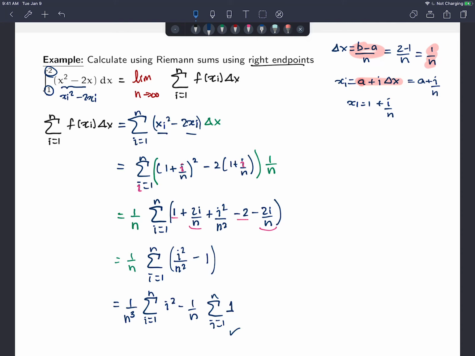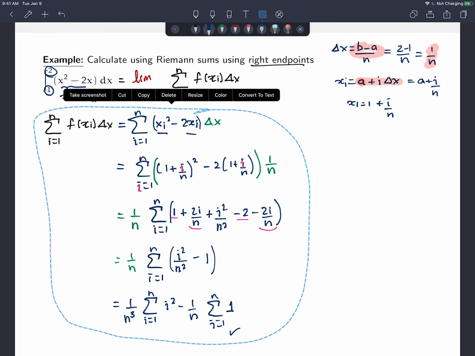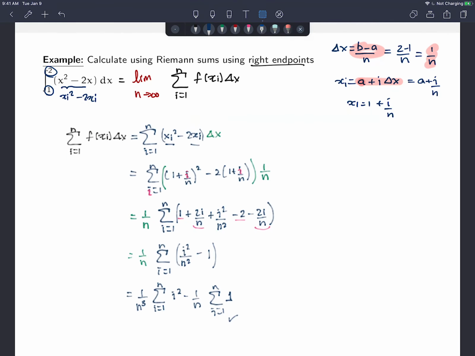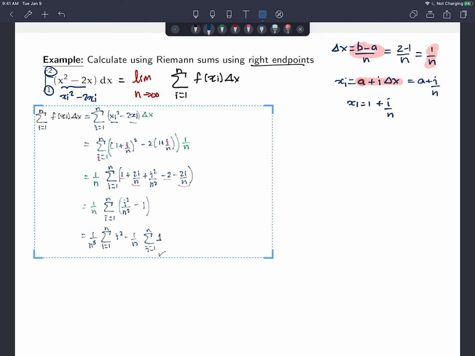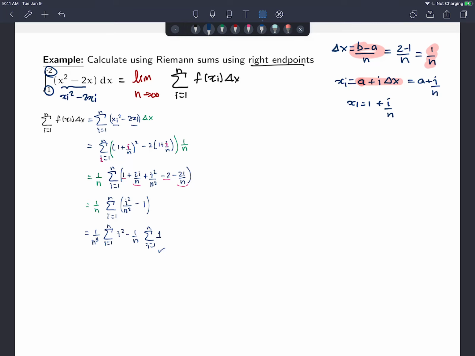So I'm going to shrink this to have more space. Put this on the side right there. Okay, and now let's start writing over here.